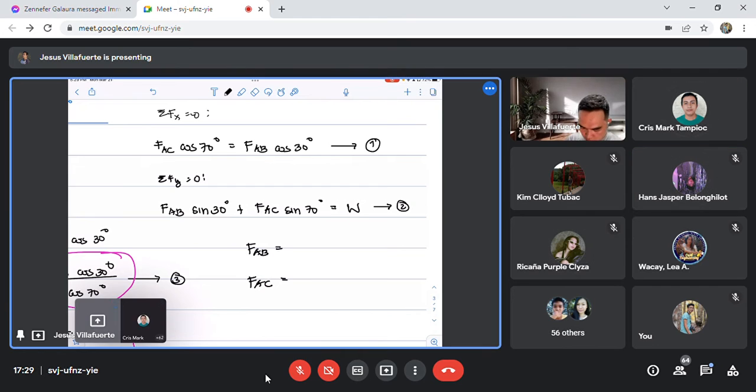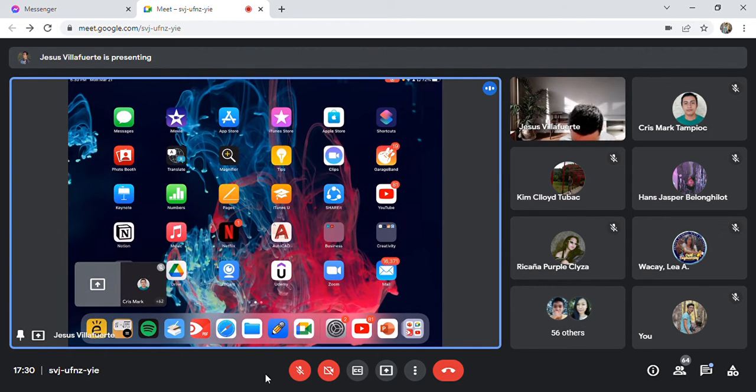Go to your mode, and then two equations, two unknowns. I will discuss it with you, can you see my screen?